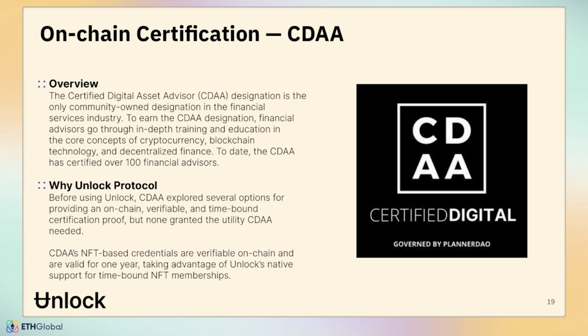And to date, they have certified over 100 financial advisors that went through that curriculum, and in the end received one of these NFTs as the proof of completion. What's interesting about these NFTs is that they can be represented or added, for example, to a LinkedIn profile as a way to show again to your potential customers that you are certified. So building a certification application, I think, is also one of the things that we're excited to see people do in the ecosystem.